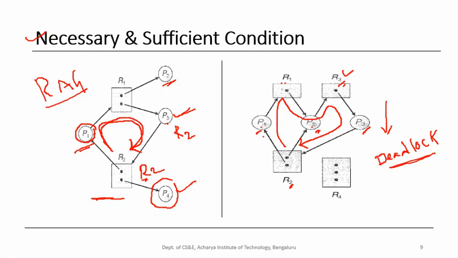That's what we have discussed here. It depends on how many instances of a particular type of resource we have. I hope you understood. The resource allocation graph is used to visualize a deadlock condition.